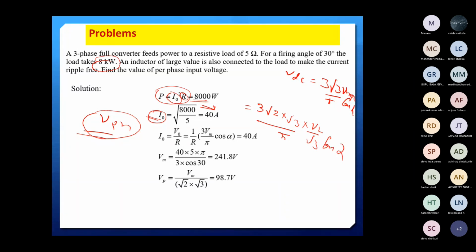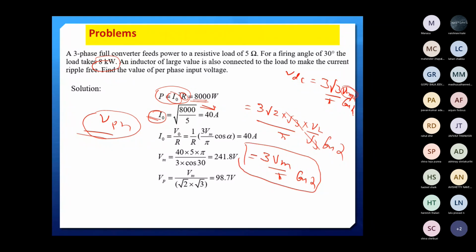So here actually we will need to use the phase voltage. So line voltage is known to you, then you divide it by this. Then in some cases this will get cancelled, and then you can use directly 3 Vm by pi into cos alpha, because Vm is root 2 into Vs. So this formula is also correct.